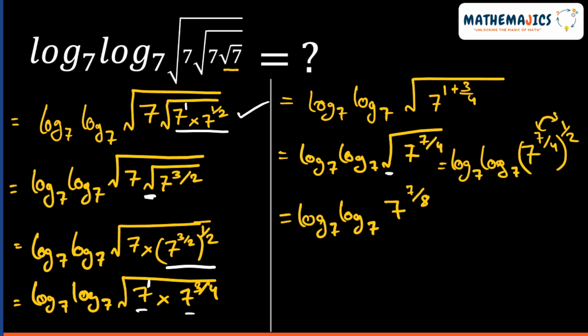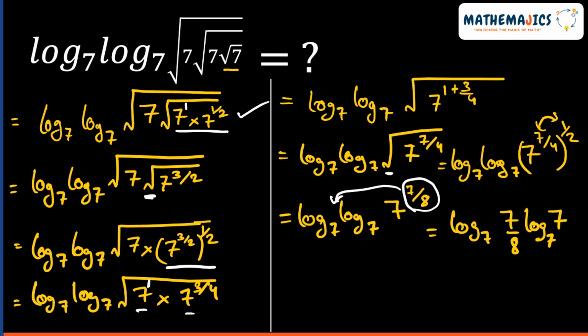Correct? Now using the rules of logarithms, this power will come over here. Correct? And let's see what we will get. We will get log 7 of 7 by 8 times log base 7 of 7. Now what is log base 7 of 7? This will become 1.